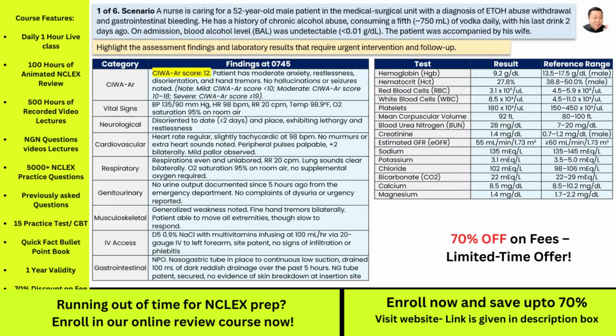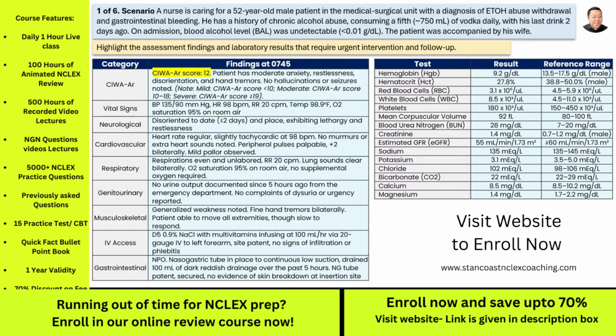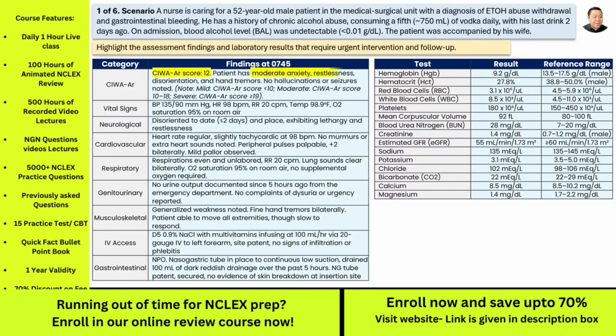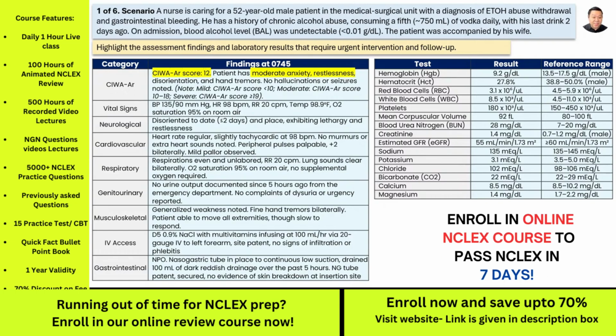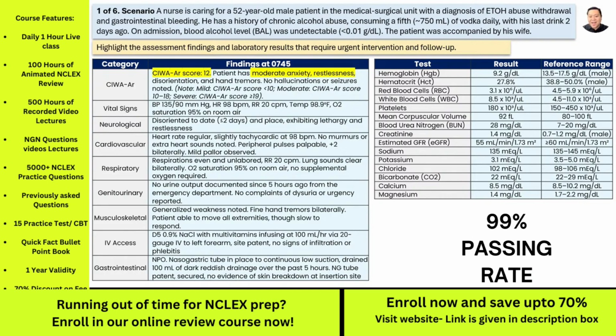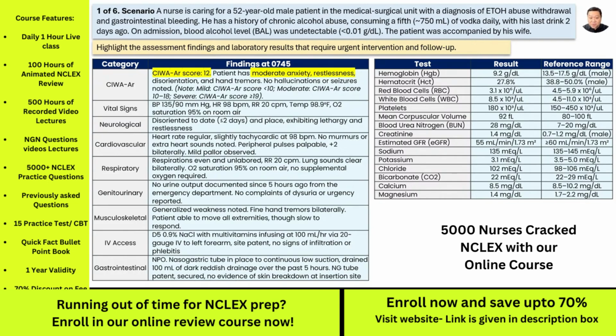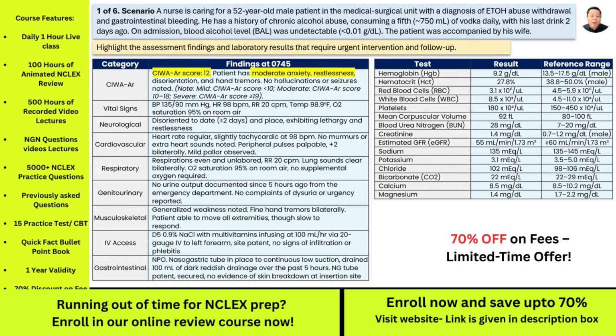Now, the next assessment here that we should highlight is moderate anxiety, restlessness. Anxiety is one of the symptoms that we need to assess with the CIWA-Ar tool. It's not just how the patient feels, but it's also a clinical indicator of how their withdrawal is progressing.